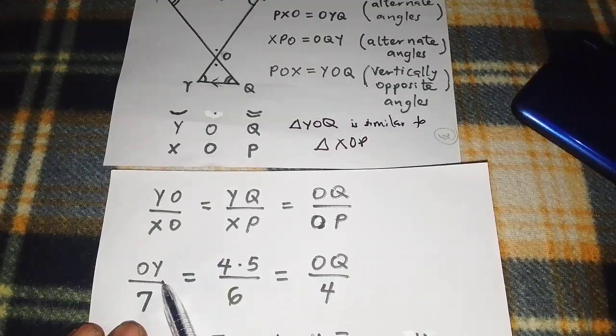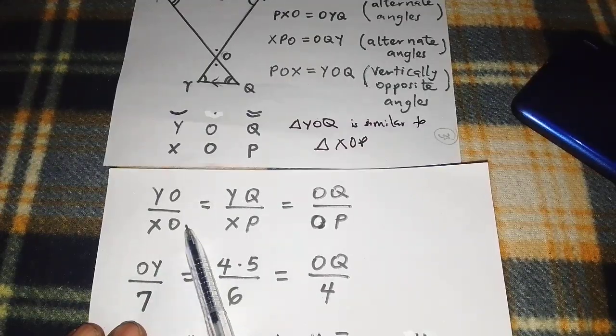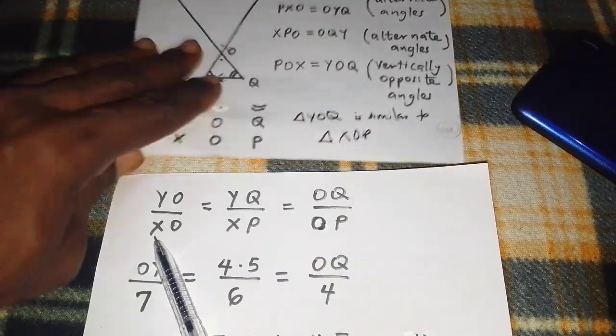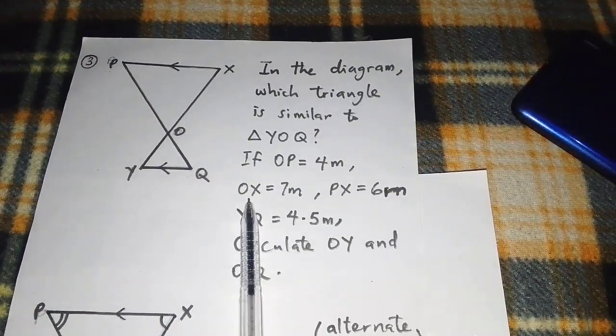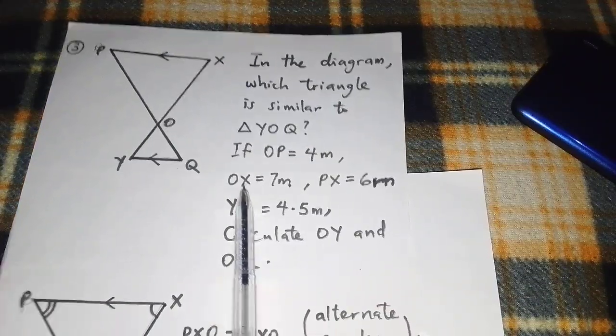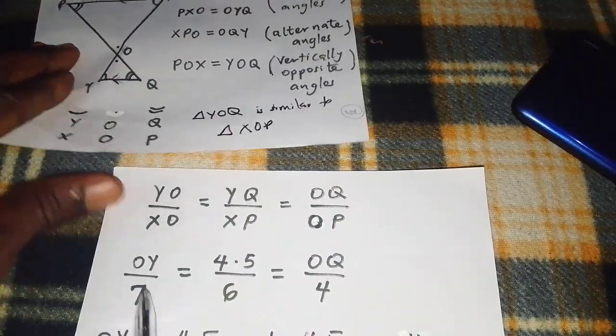OY over XO, and OX and XO are the same thing, which is 7 meters.